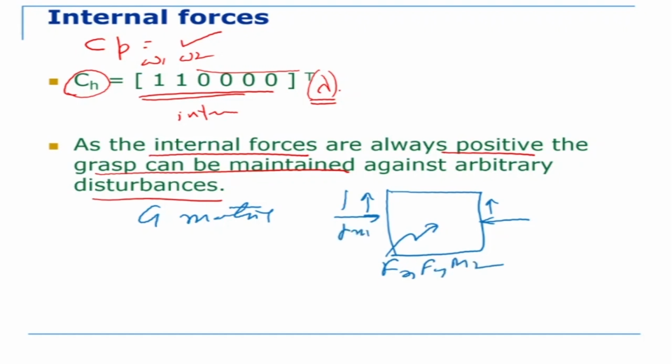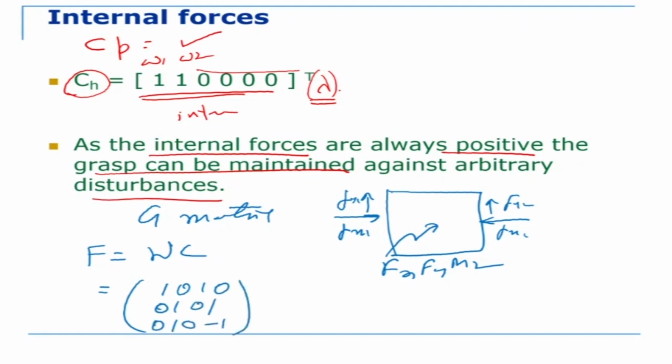These are fx1, fy1, fx2, fy2. When I write my equation, f is equal to C omega into c, then this is equal to 1, 0, 1, 0, 0, minus 1.